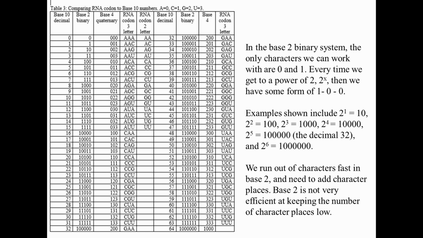Examples shown include 2 to the power of 1 equals 10, 2 to the power of 2 equals 100, 2 to the power of 3 equals 1000, 2 to the power of 4 is written 1 and 4 zeros. 2 to the power of 5 is 1 with 5 zeros, the decimal number 32, and 2 to the power of 6 is written 1 with 6 zeros, the decimal number 64. We run out of characters fast in base 2 and need to add character places. Base 2 is not very efficient at keeping the number of character places low.